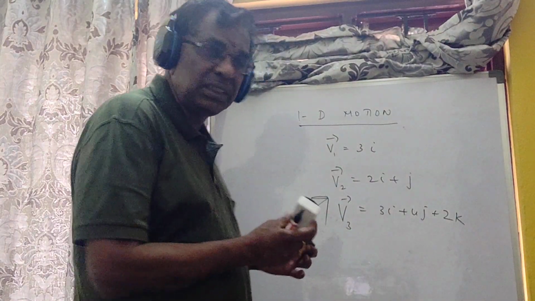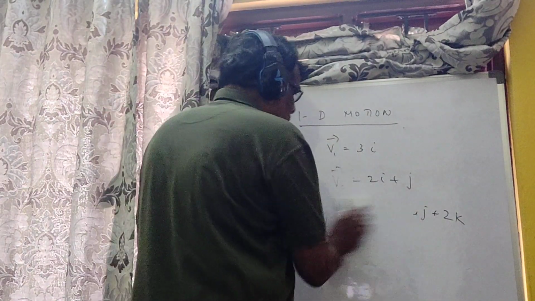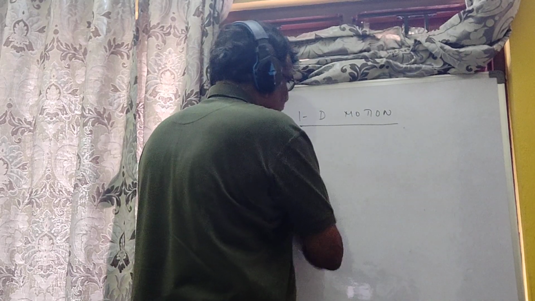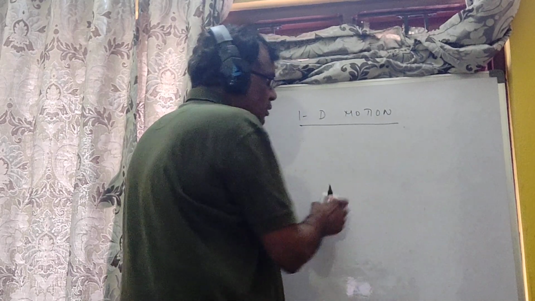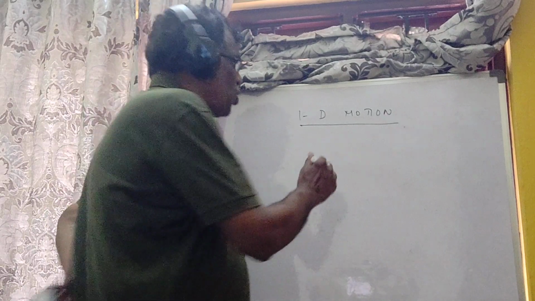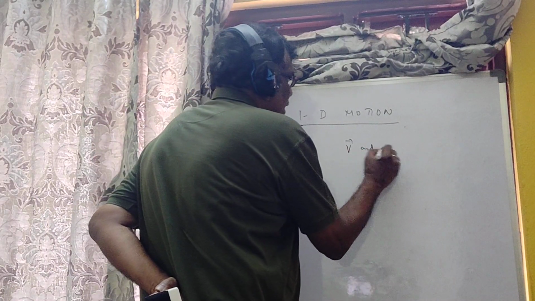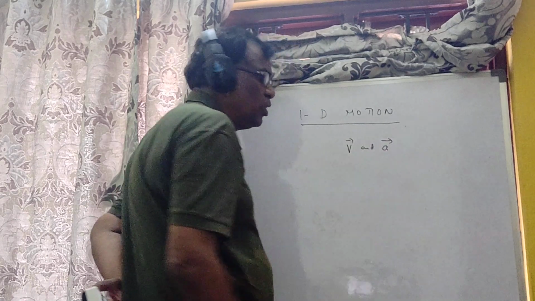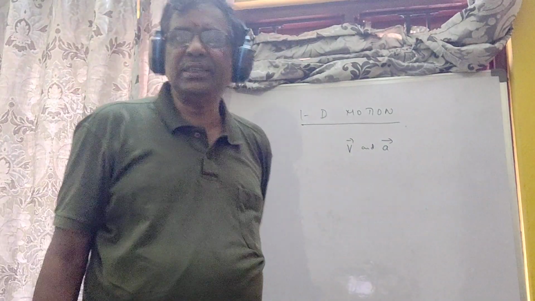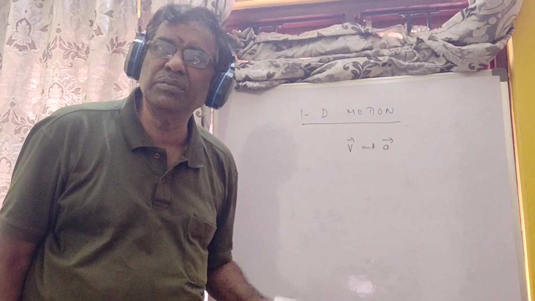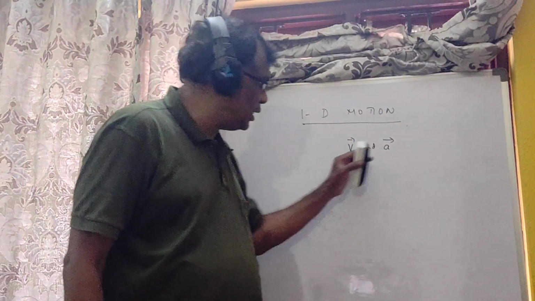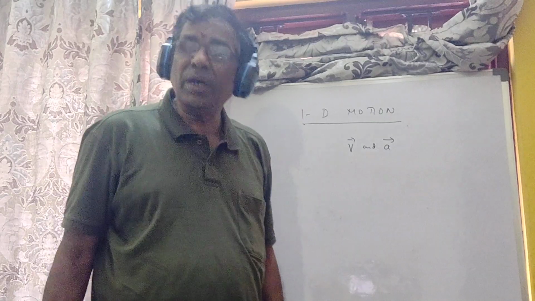Then what determines the dimension as far as our 1D motion is concerned? Now we say that if a particle's velocity and acceleration both are in the same straight line, then we say that it is a 1D motion.